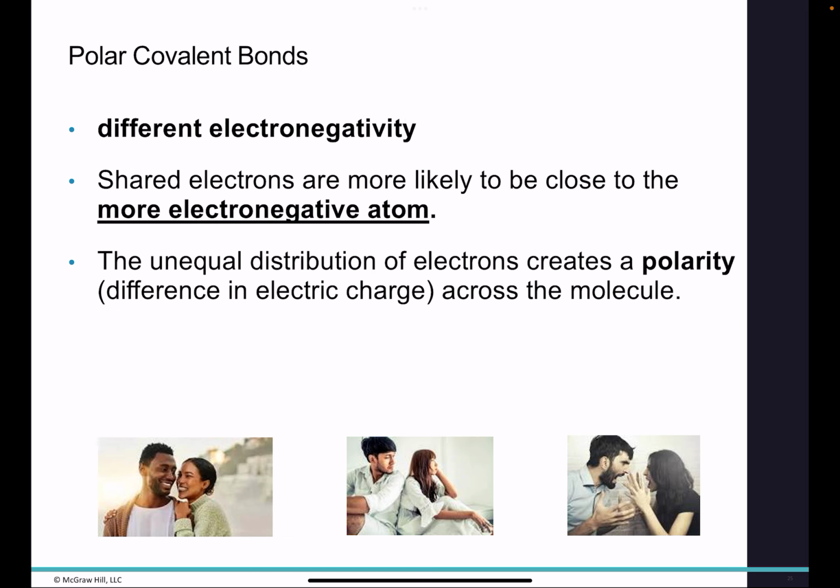Polar covalent bonds, on the other hand, are bonds that are formed between two atoms with different electronegativity. Now, we talked about how oxygen has a high electronegativity and hydrogen and carbon have a low electronegativity. So when you have oxygen within a molecule, it is very likely that your molecule is going to become a polar molecule.